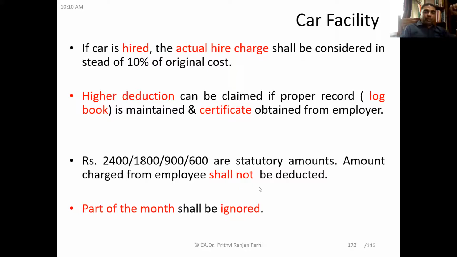Amount charged from employee shall not be deducted. And if this facility is provided for part of the month, it shall be fully incurred. If it is provided for the full month, then only the facility will be taken into consideration for valuation of perquisite. If it is for a part of the month, then it will not be treated as a perquisite at all.